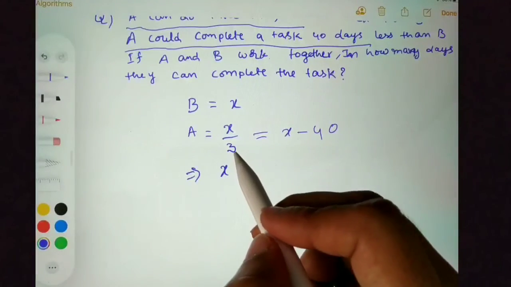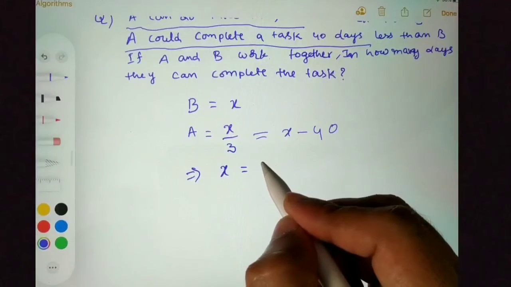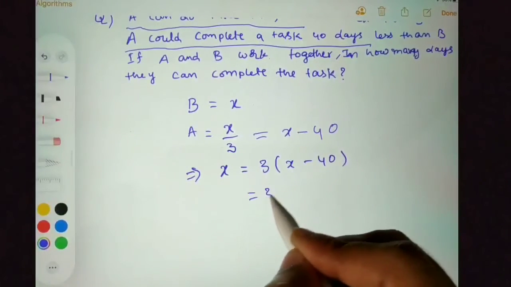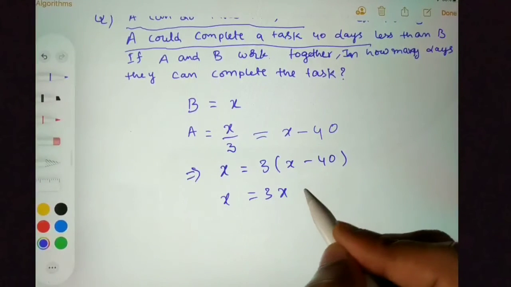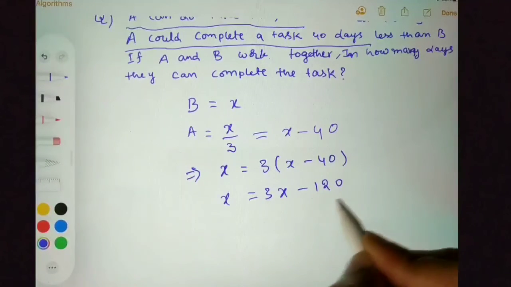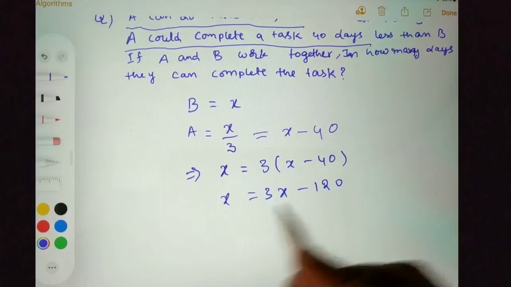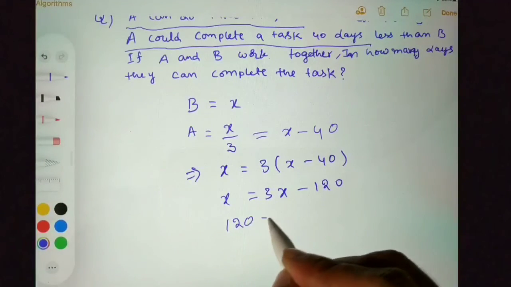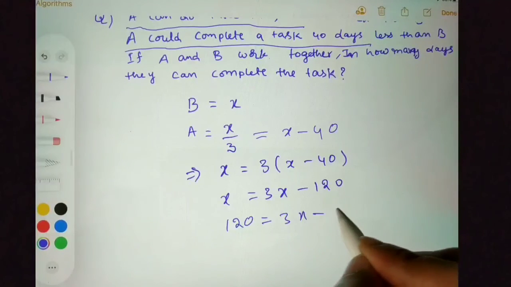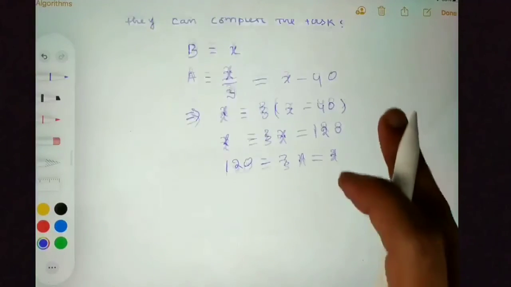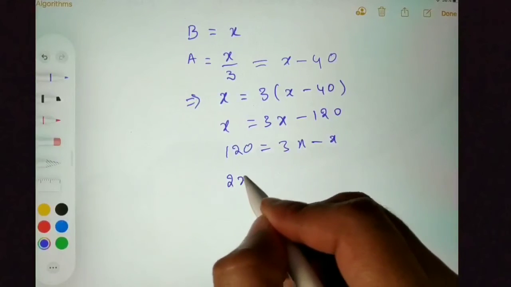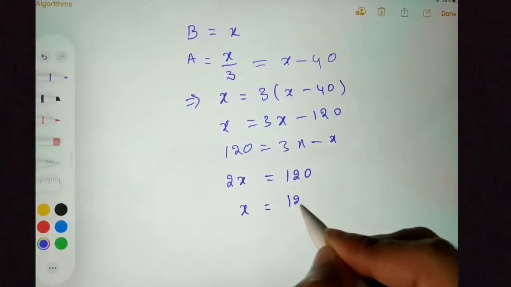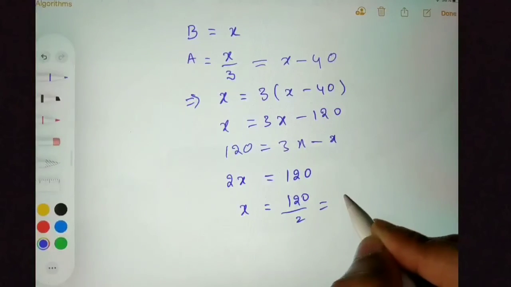Let's move 3 to the right side. That is 3 into X minus 40, 3X minus 120. And if we get 120 this side, it will be 120 is equal to 3x minus x, and it will be 2x is equal to 120, and finally we get x is 120 by 2.